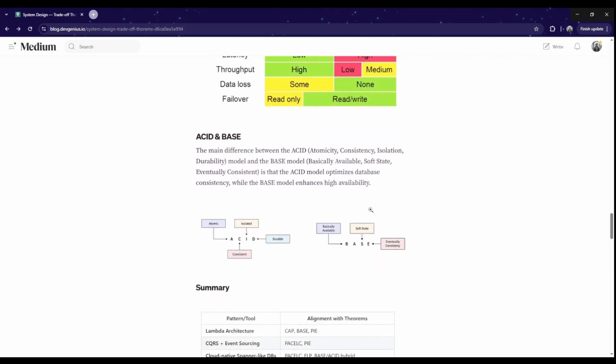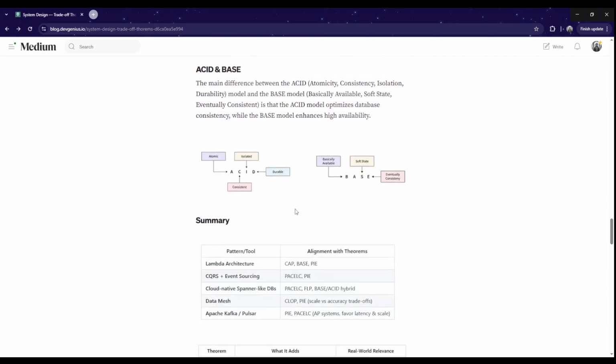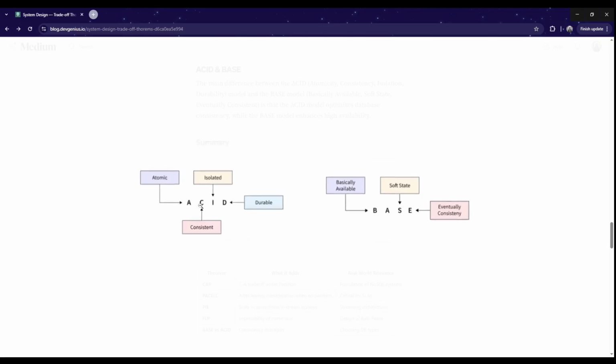And there are a few other trade-off theorems. One is on ACID and BASE. This is not a trade-off per se. This is just about two different systems. ACID systems have these properties: they are atomic, their transactions are isolated, they give a consistent view, and their system is durable.